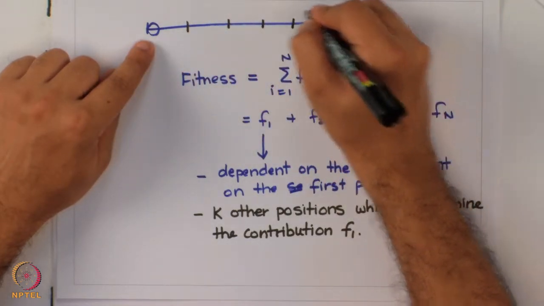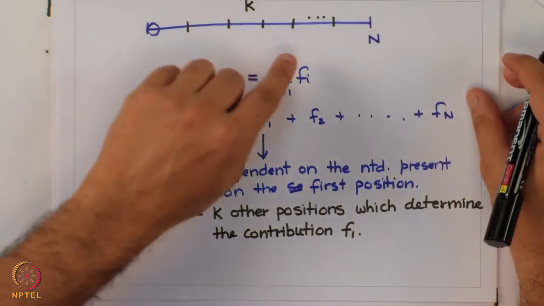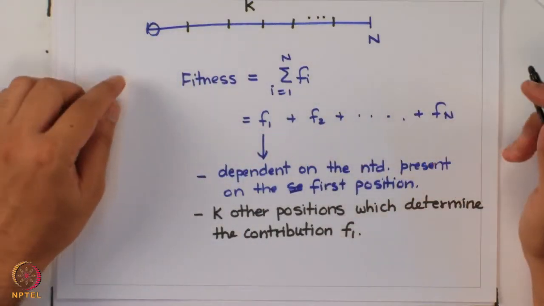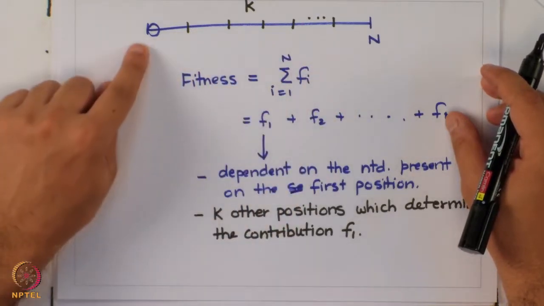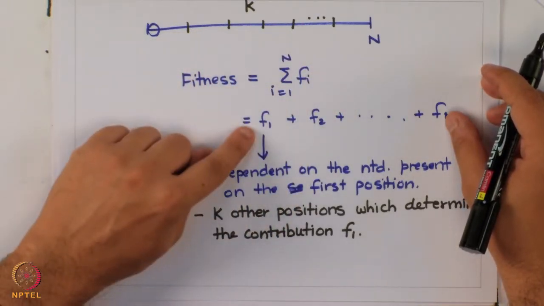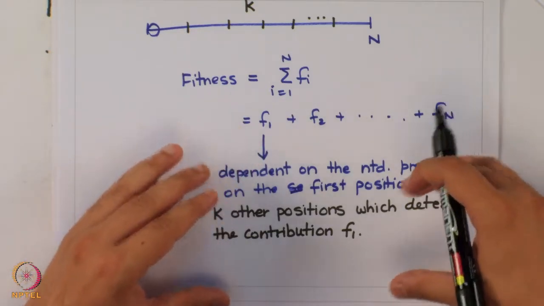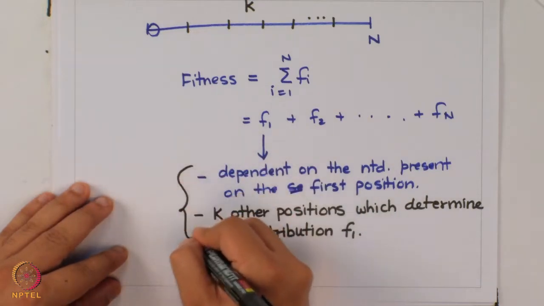So, these are K other nucleotides, and these could be located anywhere on the piece of DNA that we are talking about. Together, these K plus the nucleotide whose contribution we are talking about here, all these put together determine what is going to be the quantity F1.